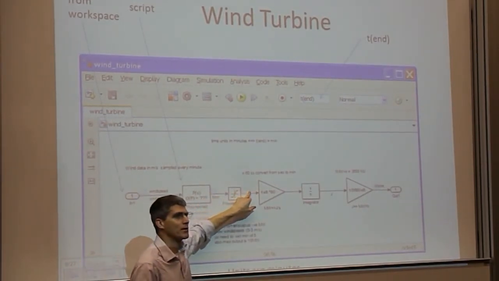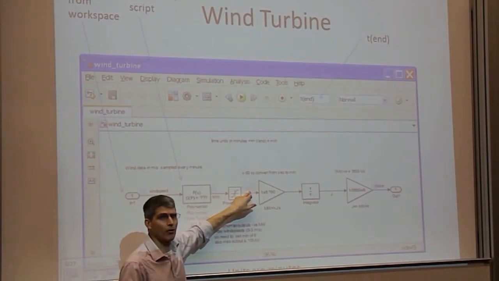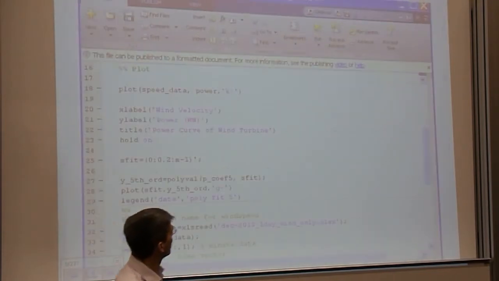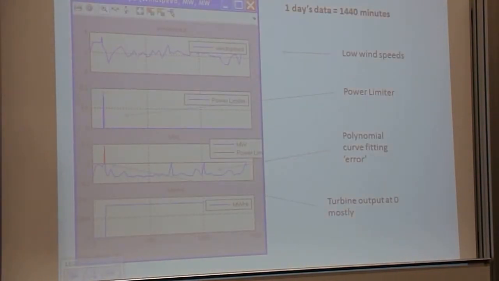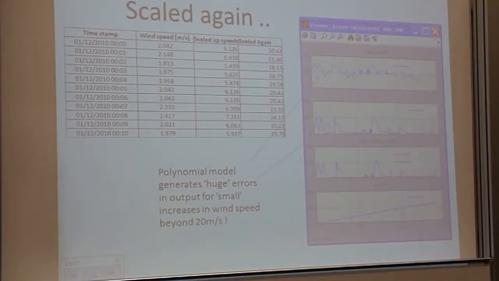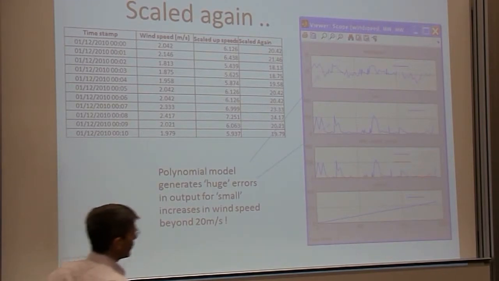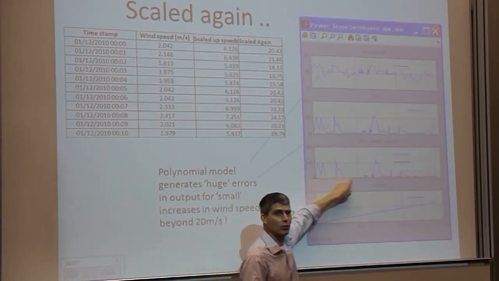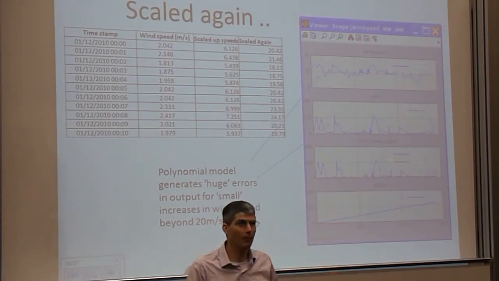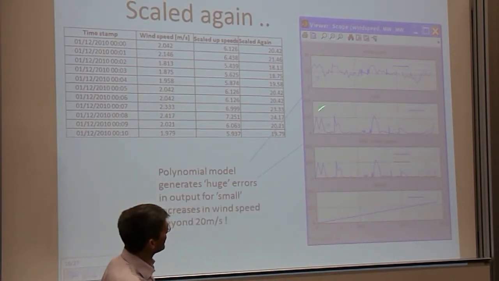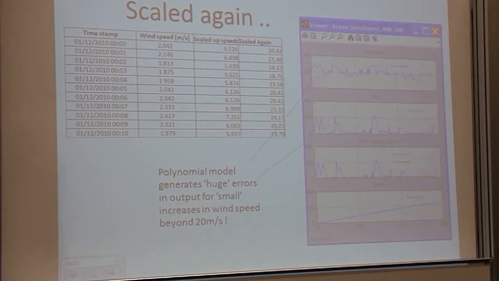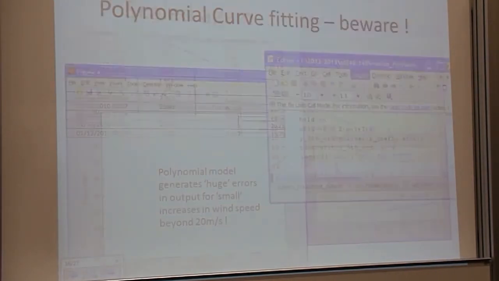So the power limiter brings it back down to 10, because the wind farm has a maximum output of 10 megawatts. I know it looks a bit misleading here, but this is actually 10 megawatts. So we actually have peaked out on the wind farm. And these huge values are caused by essentially that fifth order polynomial curve.